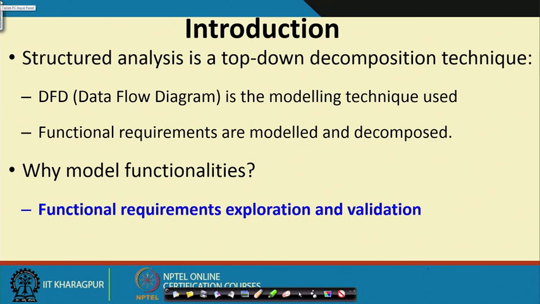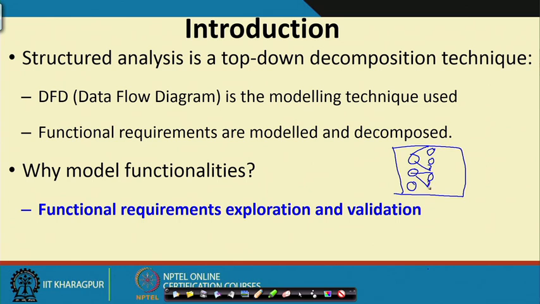What we mean by that is that if this is our SRS document and in the functional requirement section, we have various functions listed there. We will take each function and we will use DFD to model this system. We will represent all these functions and also we will decompose this into finer functions.